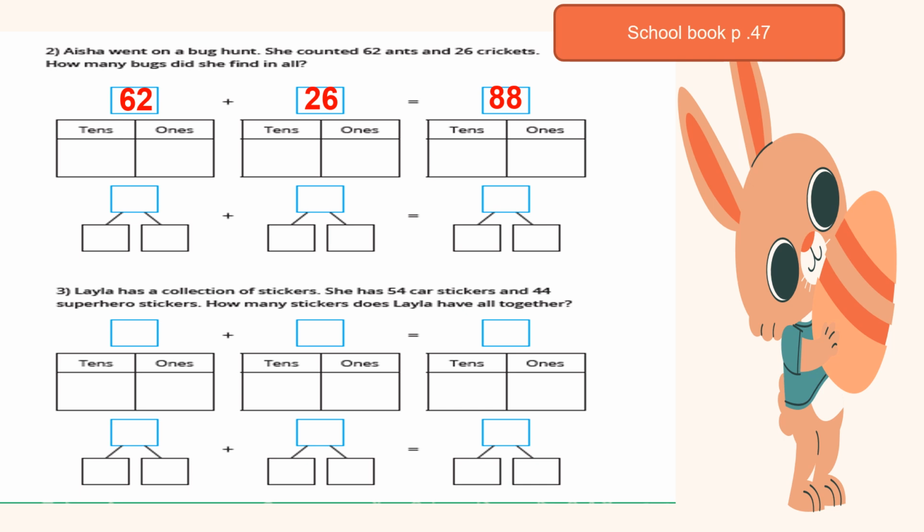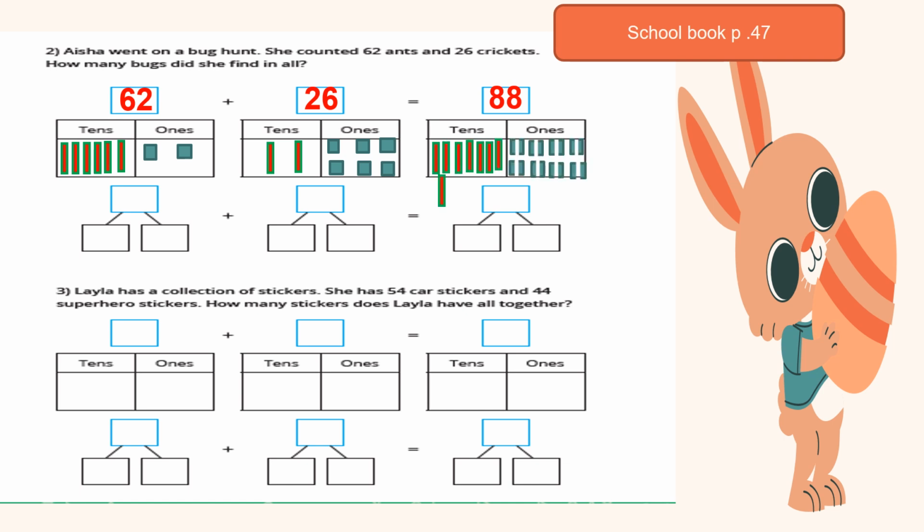Let's draw our sticks and small squares. 62. How many sticks? Yes, 6. How many small squares? 2. 26. How many sticks? 2. How many small squares? 6. 88. How many sticks do we have? 8 sticks. How many small squares?